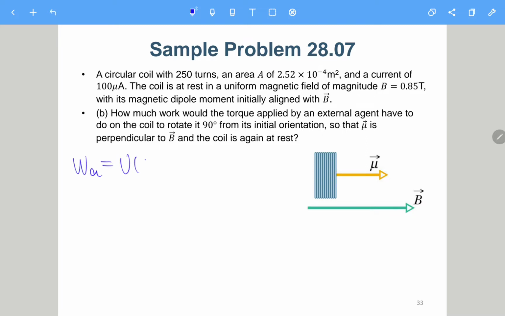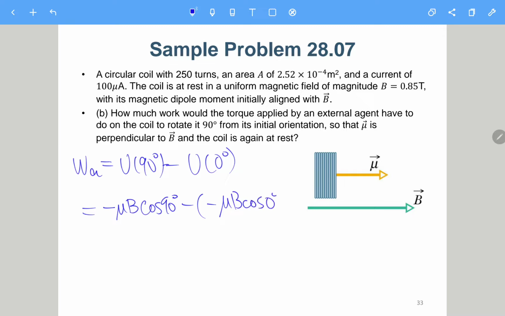W_a is U of 90 degrees minus U of 0 degrees, which is negative mu B cosine of 90 degrees minus negative mu B cosine of 0 degrees. As you know, cosine of 90 degrees is 0, and cosine of 0 degrees is 1. So we only have mu B here.